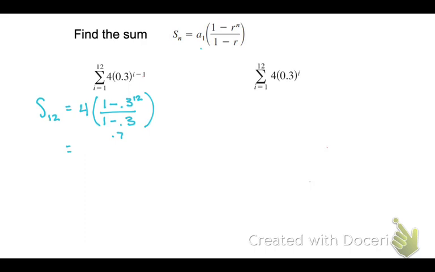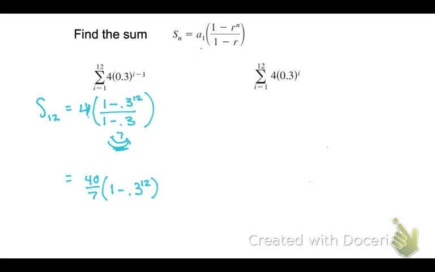So if I was going to leave this on the test, I couldn't leave a 0.7, so I'd have to move it over and make this 40. So I would have 40 over 7 times 1 minus 0.3 to the 12th. Are you going to have to figure out 0.3 to the 12th? No. Wait, how'd you get the 40 over 7 again? Because this was 0.7 in the denominator, so I had to move the decimal over 1, so I have to multiply the numerator by 10.